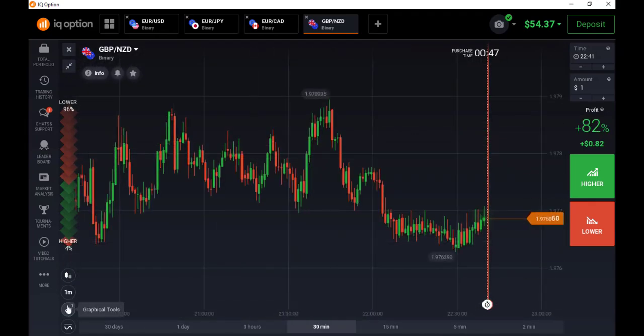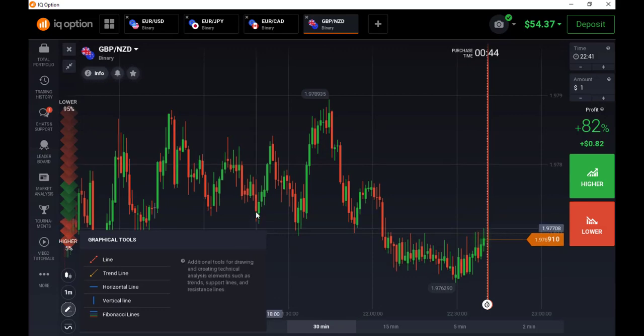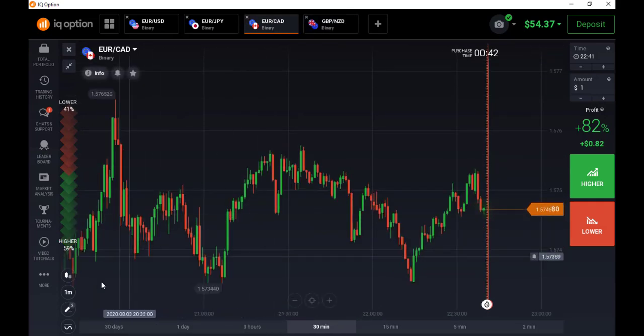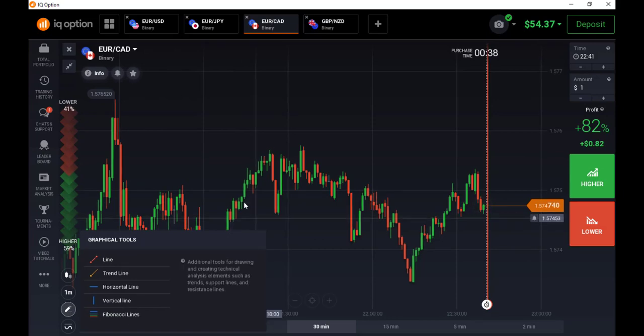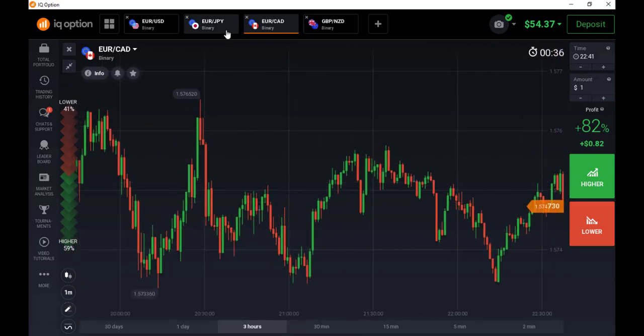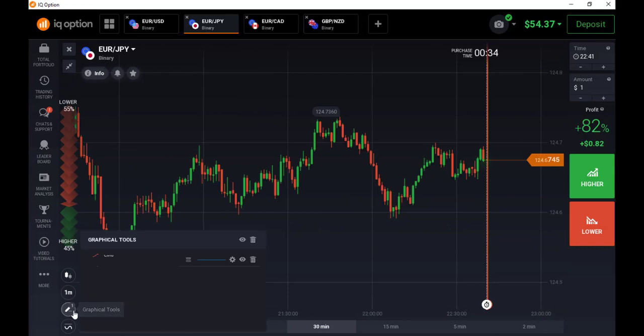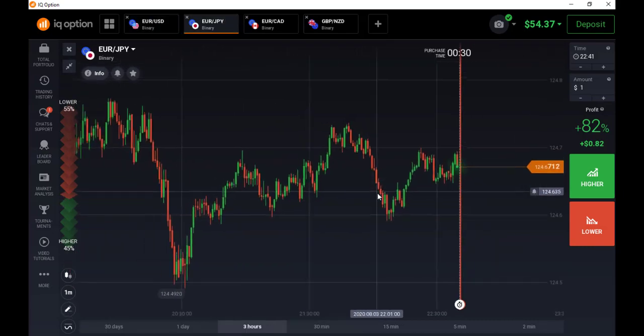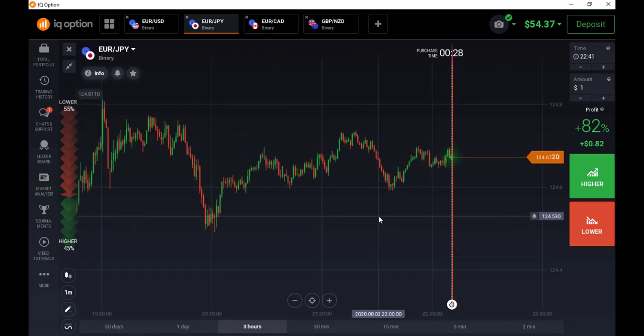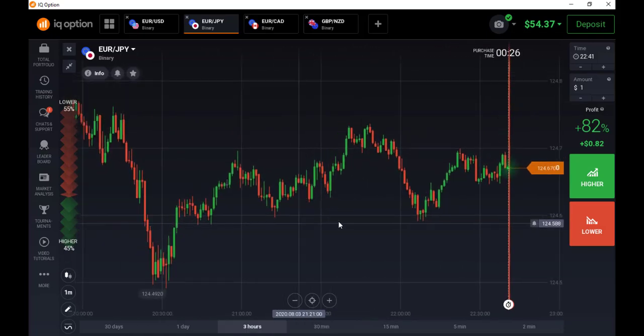And now I'm going to close all the graphical tool indicators that I had opened previously, and I'll open them up again. Okay, Euro Japan. I think this is quite a good trading pair.